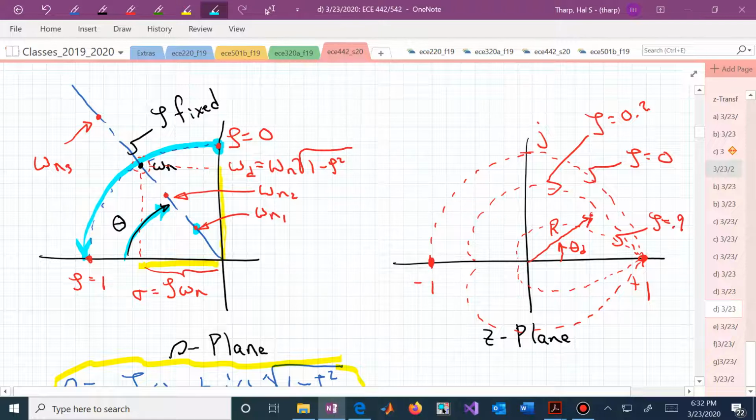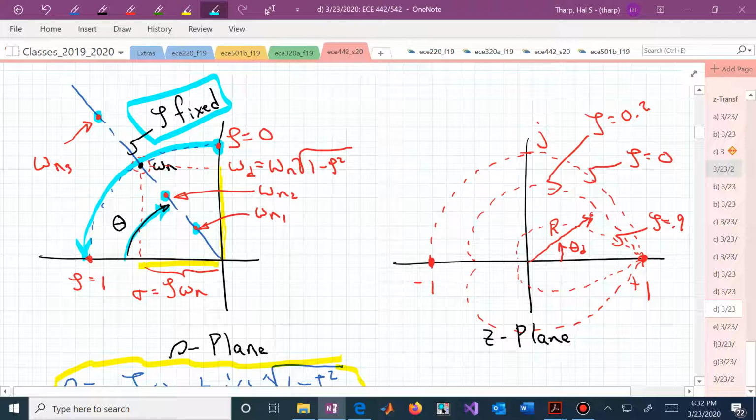For a fixed zeta value, then we are staying on this particular angular location from the real axis, and if we increase the natural frequency of our system, we would be looking at a natural frequency, let's say omega sub n sub 1. Then we move further away, our system gets faster, we have an omega sub n sub 2, we get even faster, and we go out to omega sub n sub 3.